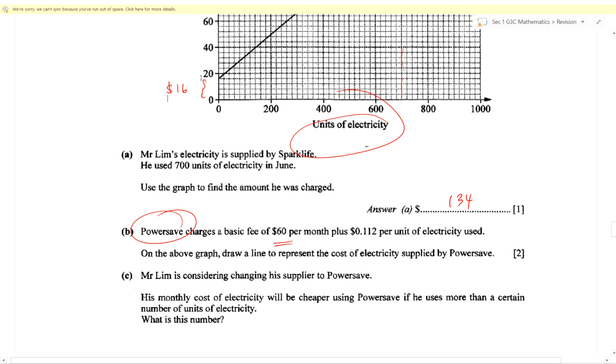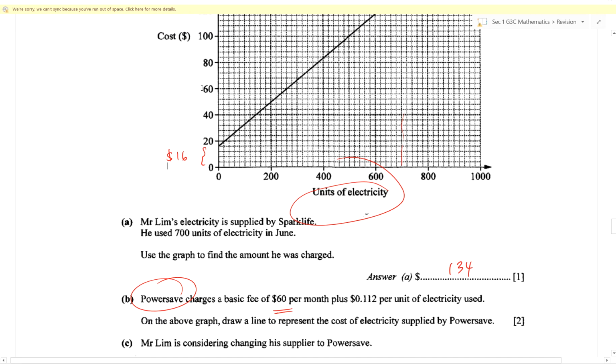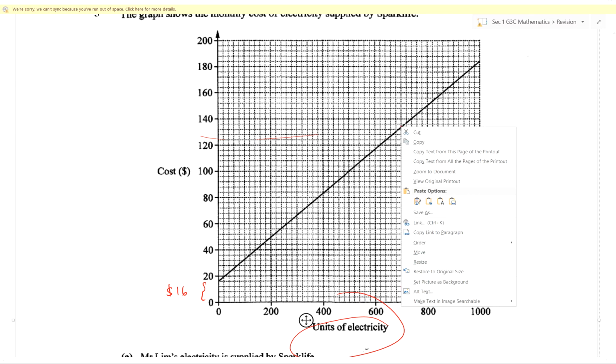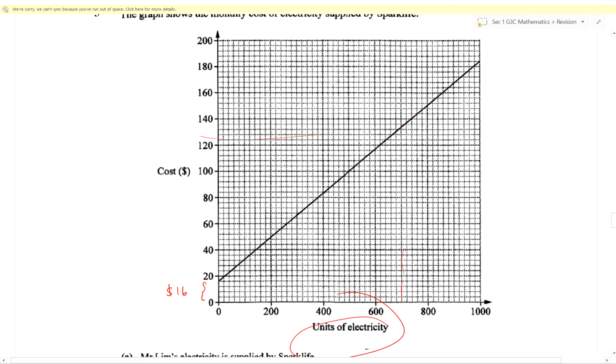Let me see. So 700 units. Okay, so you see the 700. So at this mark, right? Is it in between one tiny square?